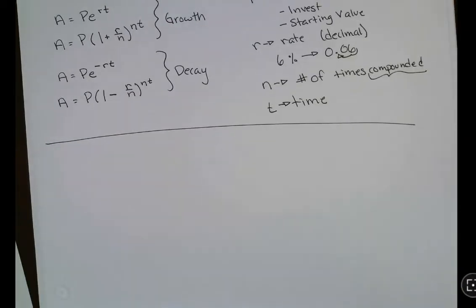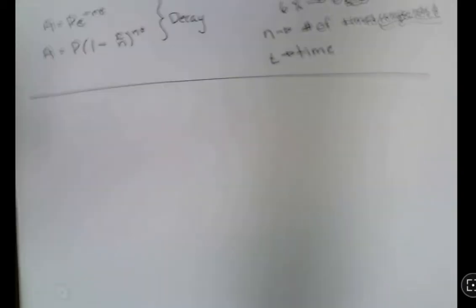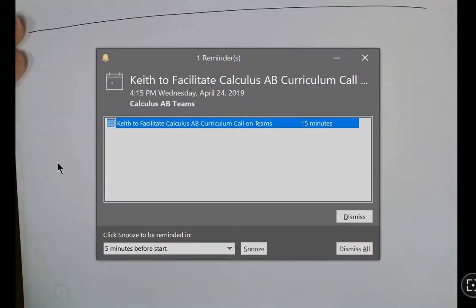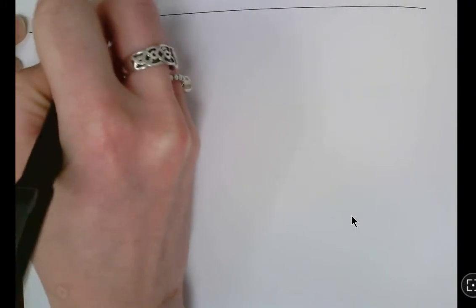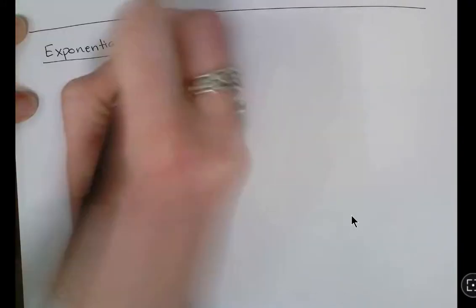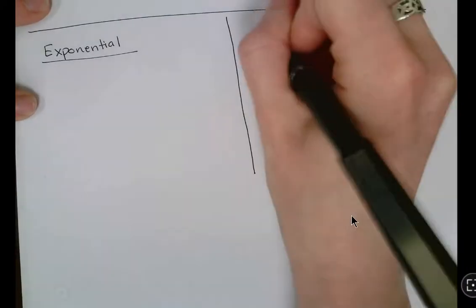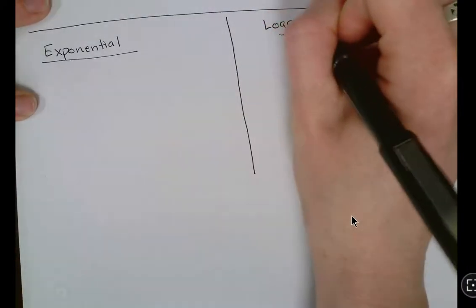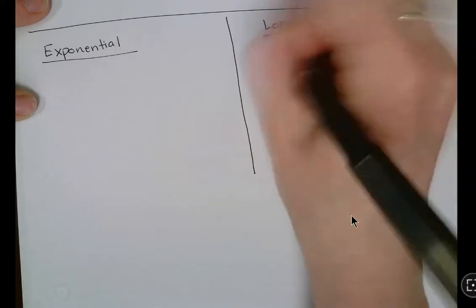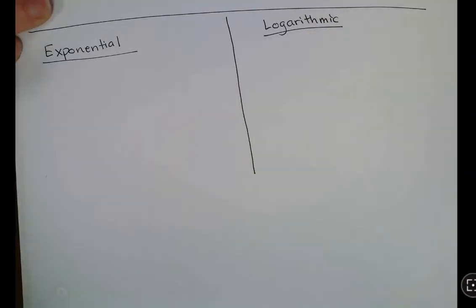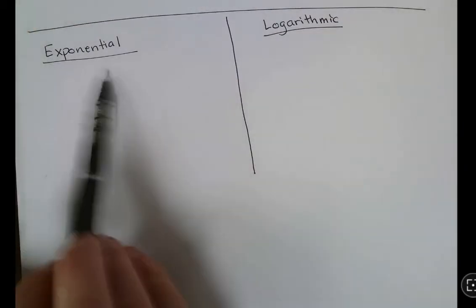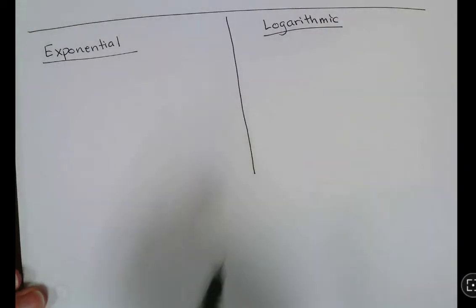Next thing I just want to talk about is the basics of our exponential and our logarithmic functions. I'll do graphing in a little bit. This is just going to be part of our definitions and stuff we know about them. Okay, so if I'm looking at exponential functions versus my logarithmic, these are inverses of each other, meaning these have opposite stuff happening here.